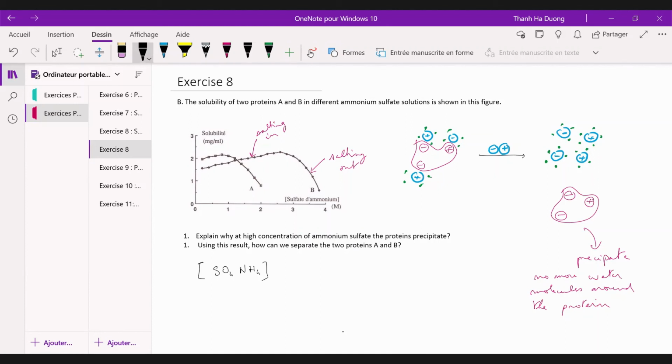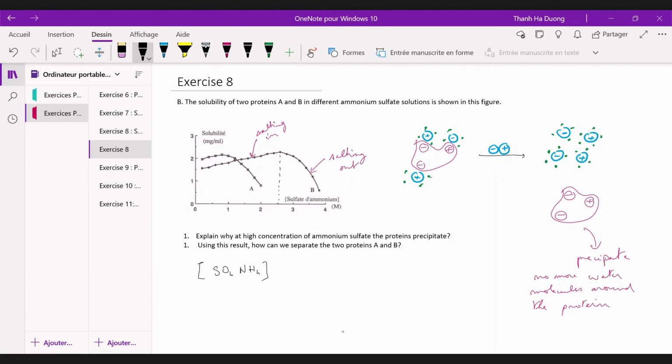We choose the concentration of the ammonium sulfate at the point that A has already salted out, but B hasn't. So we can get the A, and after that we increase the ammonium sulfate for the B later.